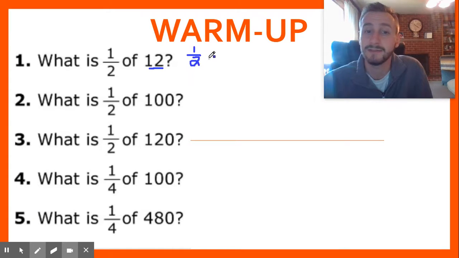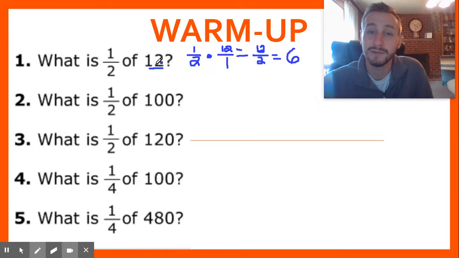You take a half, and you're multiplying it by 12 over 1. 1 times 12 is 12. 2 times 1 is 2. 12 divided by 2 is 6. So half of 12 is 6.